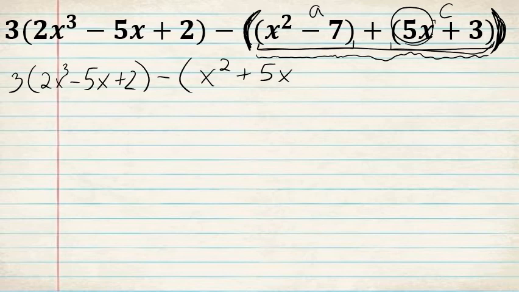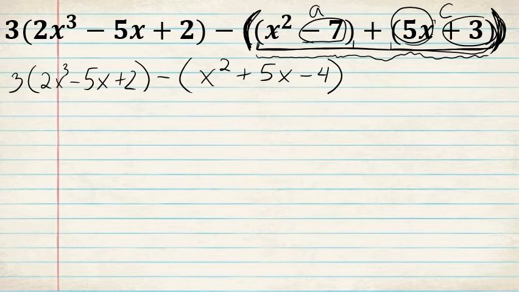There's no other term that involves an x to the first power inside this grouping symbol, so that will be unchanged. And then finally, the constants, negative 7 and plus 3, those are like terms, and negative 7 plus 3 is negative 4. So the result of x squared minus 7 plus 5x plus 3 is x squared plus 5x minus 4.